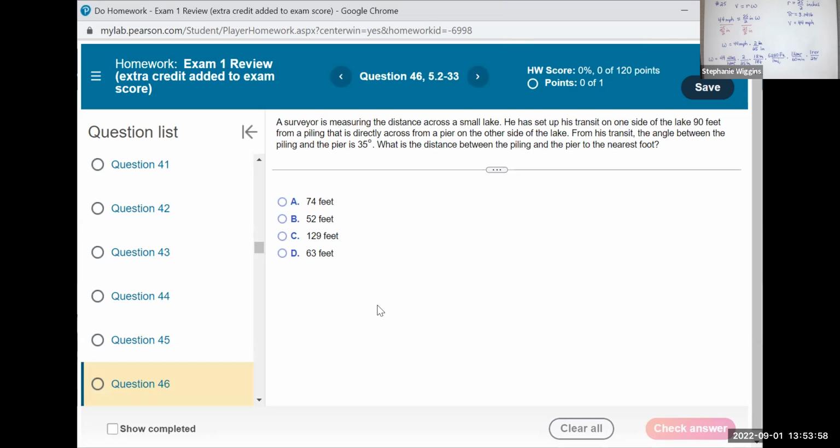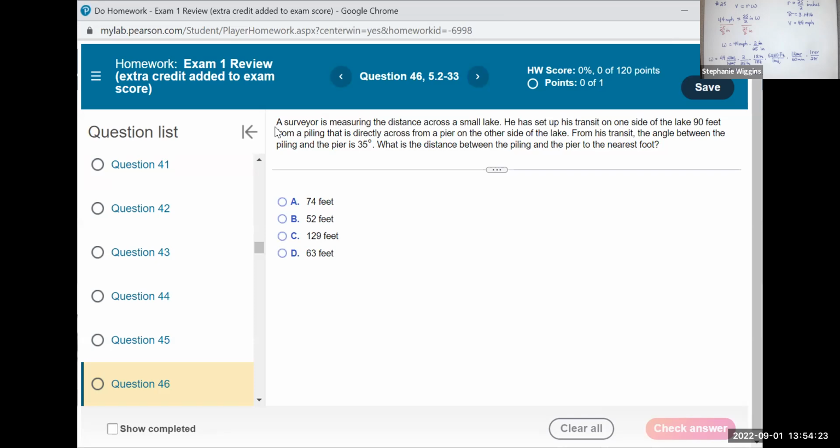Yeah. Okay, I'm going to set this one up and I'll let you finish it, but this is one that when I read it in my morning class, it didn't work out quite right. The surveyor is measuring the distance across a small lake. He has set up his transit on one side of the lake, 90 feet from a piling that is directly across from a pier on the other side of the lake.